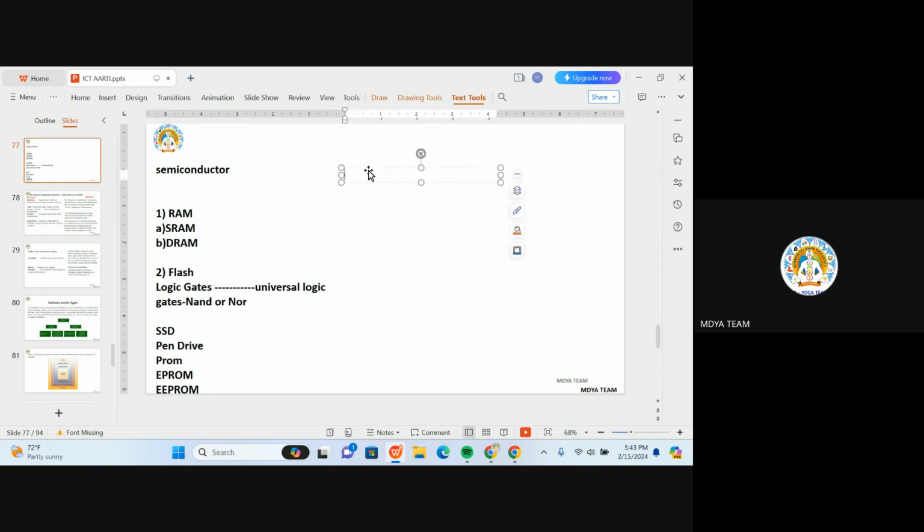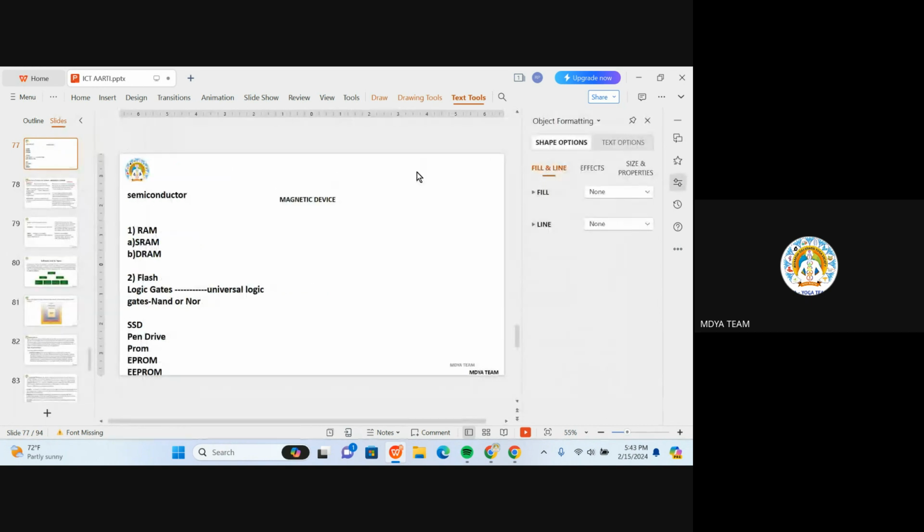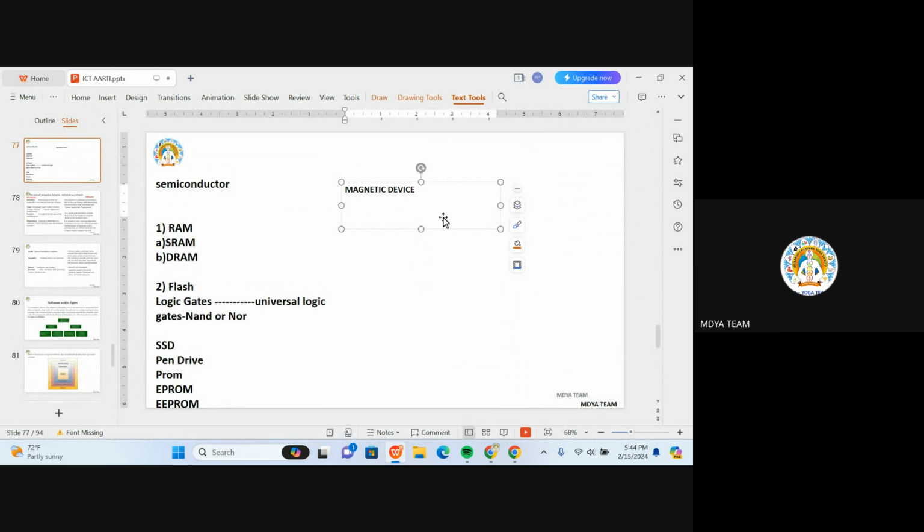Now next is magnetic. What are the magnetic devices? Magnetic devices are hard disk, HDD.